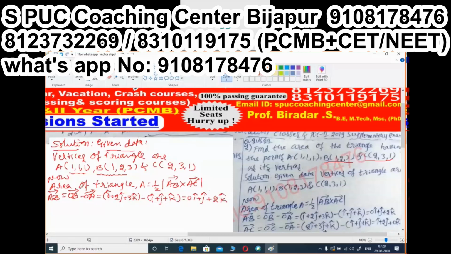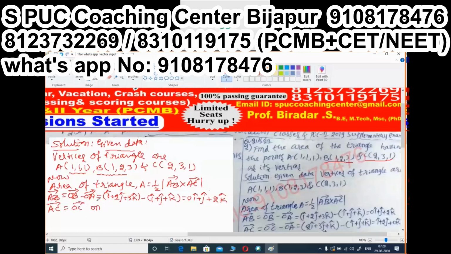Once you got the AB vector, similarly you find the AC vector. Who will tell? Sanketh, tell how you are going to write the AC vector as OC vector minus OA vector.